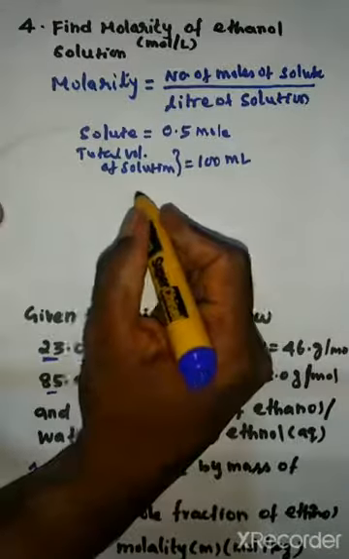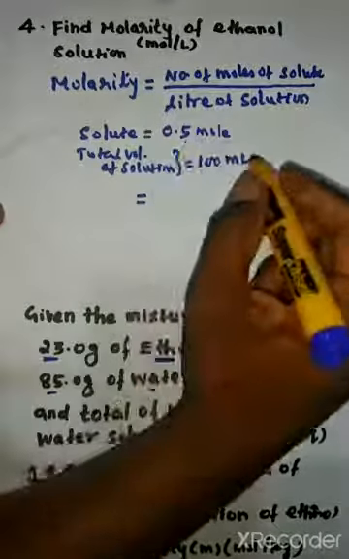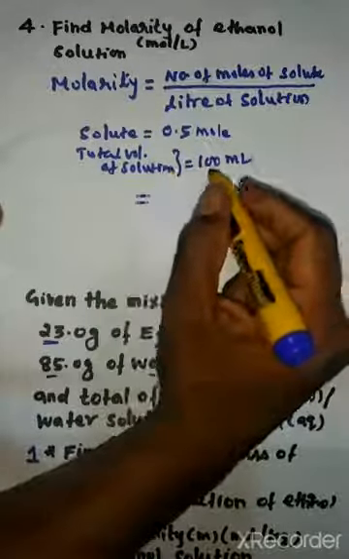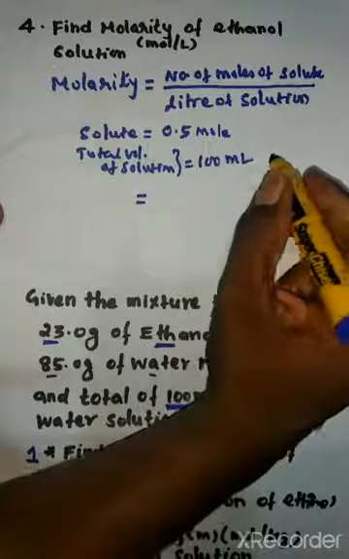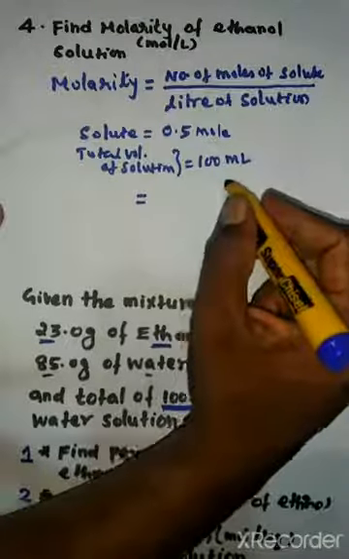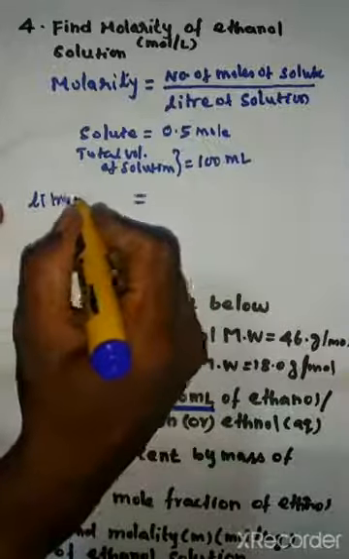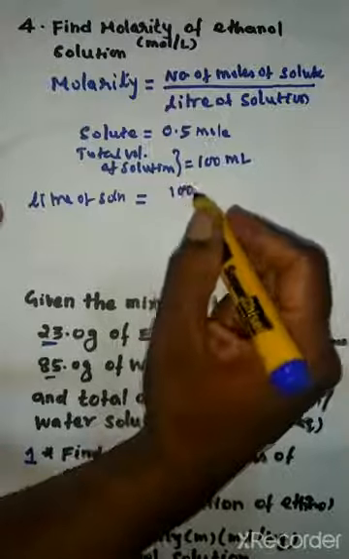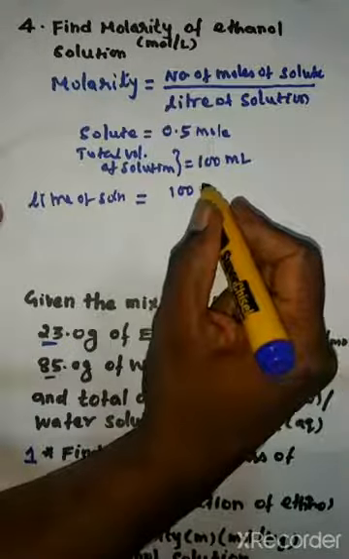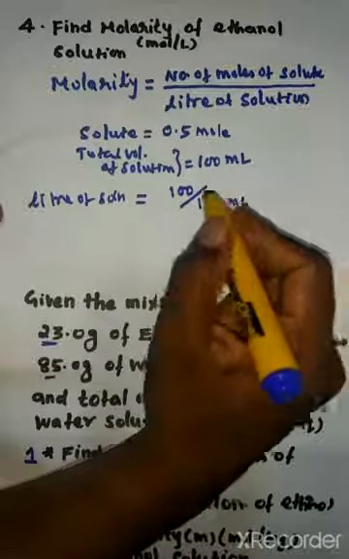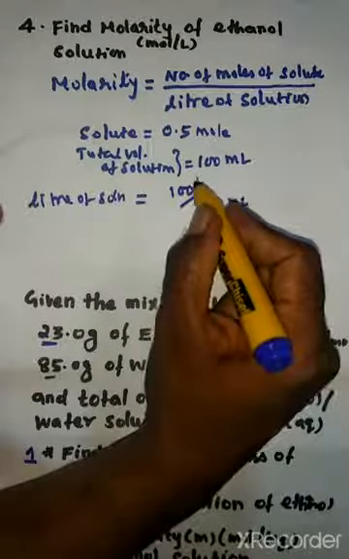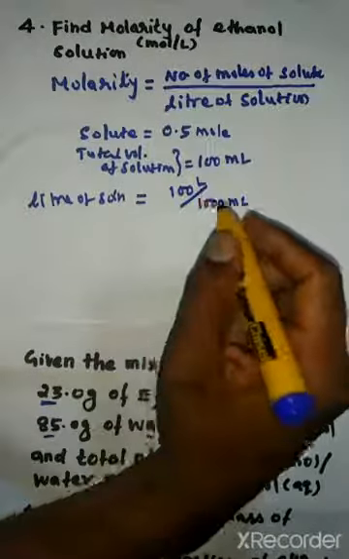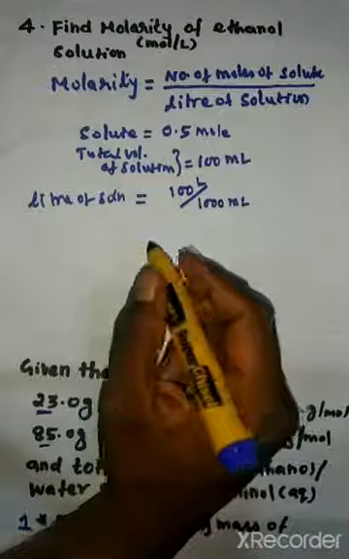But we have to express the liters of solution. So 100 ml is present in 1000 ml, that is in one liter. So we have to divide 100 ml by 1000, then we'll get the value in liters.